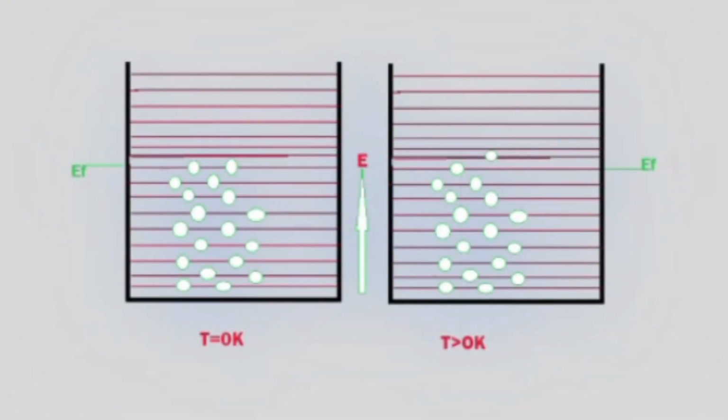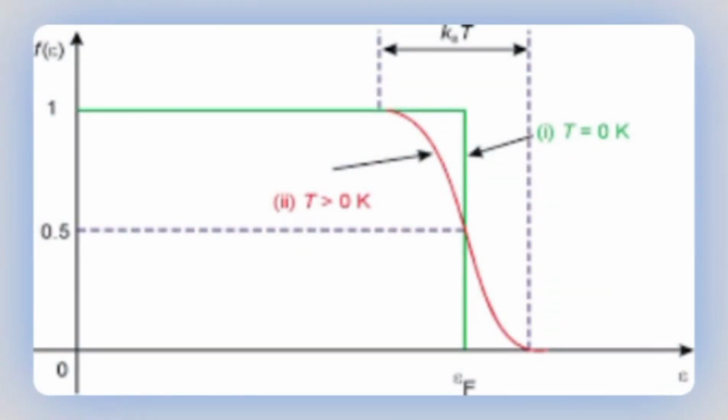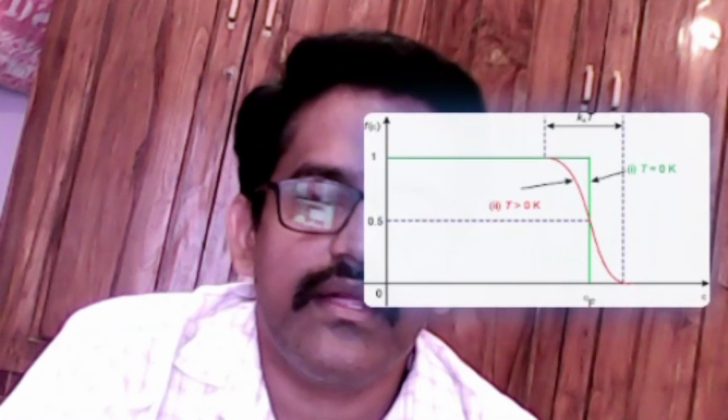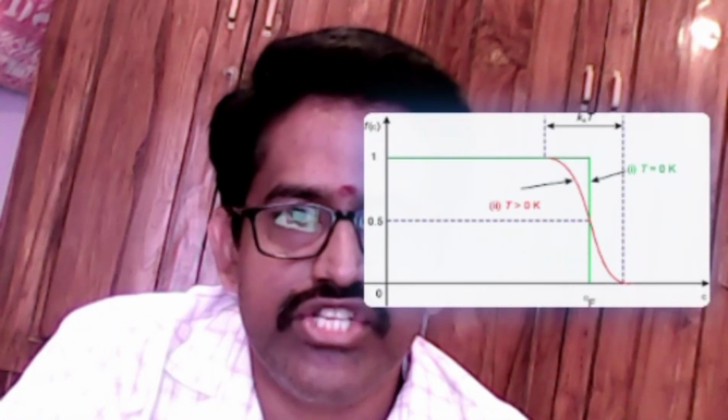If you move from the Fermi level to one or two energy levels higher, all the energy levels become empty. This graph clearly explains the distribution of electrons in a one-dimensional potential box.